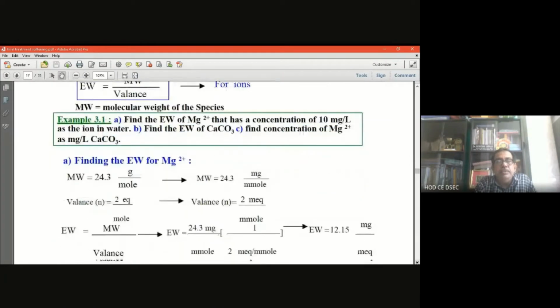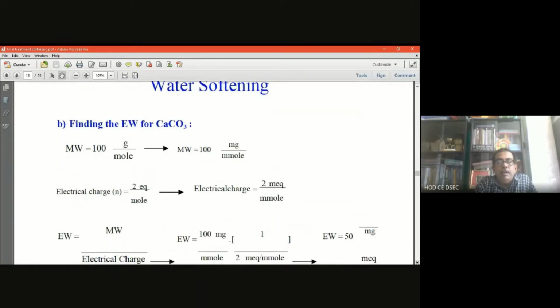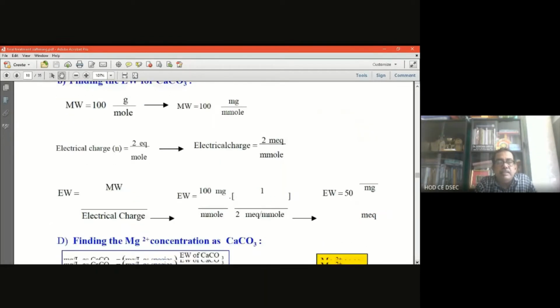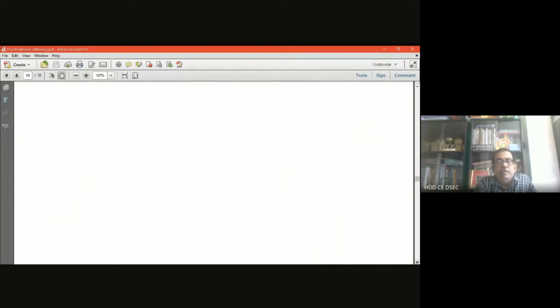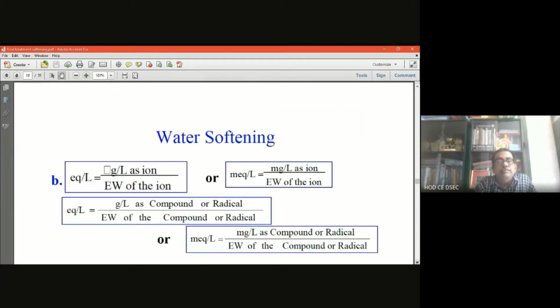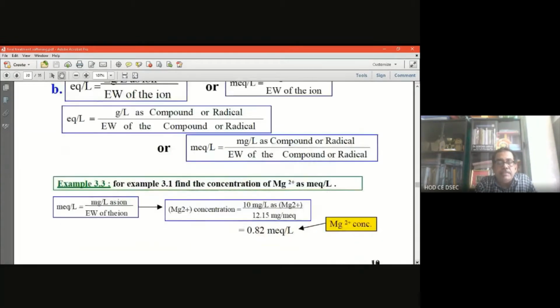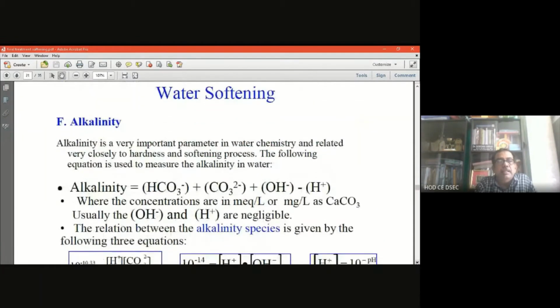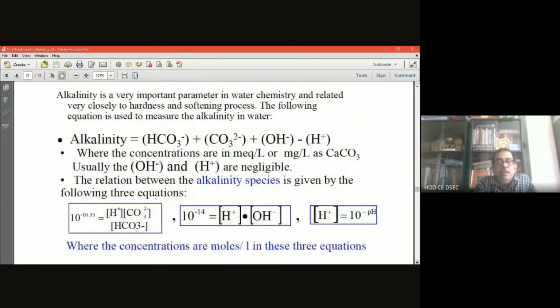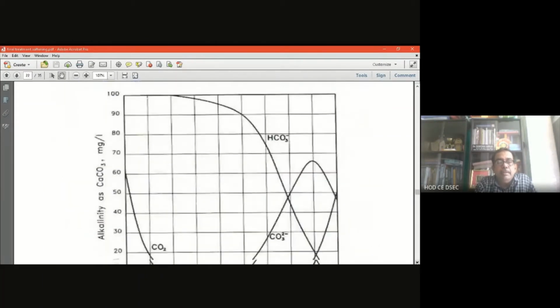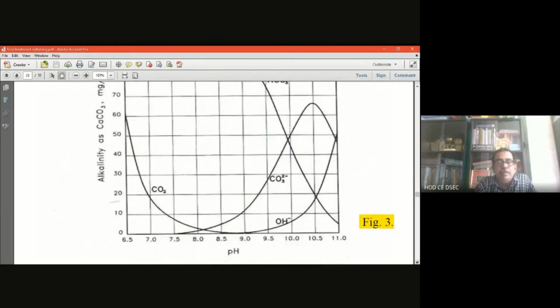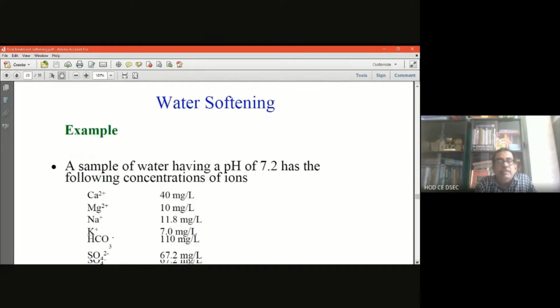Basically the unit of the hardness is milligram per liter as CaCO3. It is measured in the scale of CaCO3. That has to be kept in mind. Now just an example, then you will be very much clear.